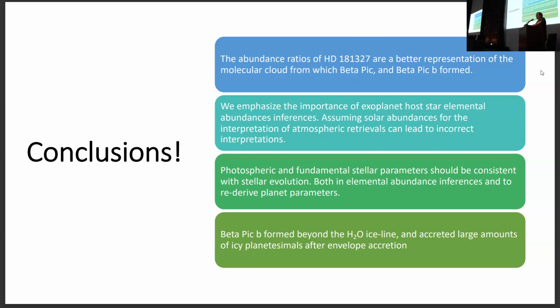You can accrete, for example, carbon or oxygen in the form of vapor, and you also could change the abundance of the planet. So I don't know if you can say that the planet formed in some position just looking at the abundance of the elements.